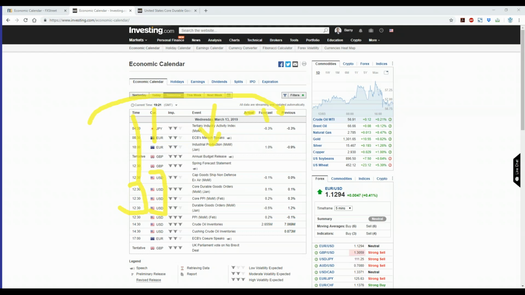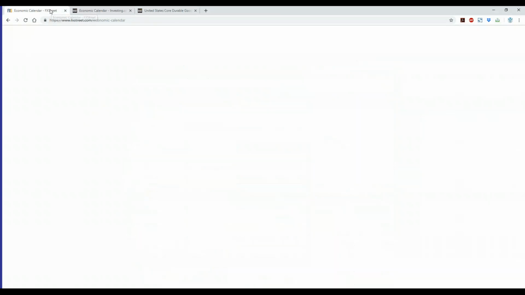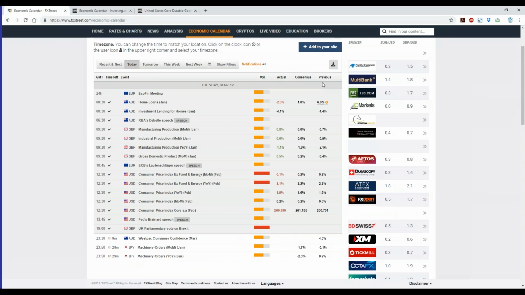Now again, if we go over to the FX Street calendar, it's actually called previous, consensus, and actual. And the consensus or the forecast number is one of the most important numbers.